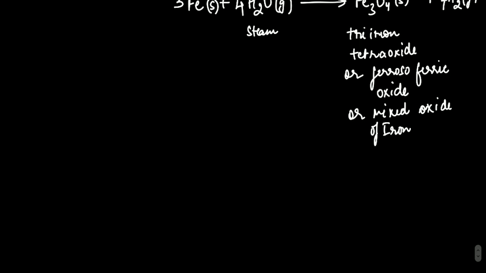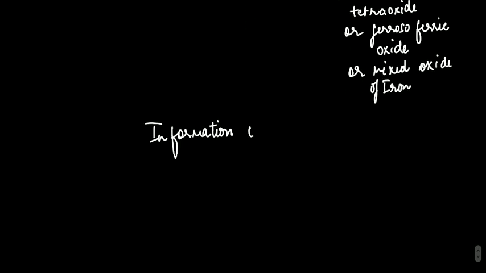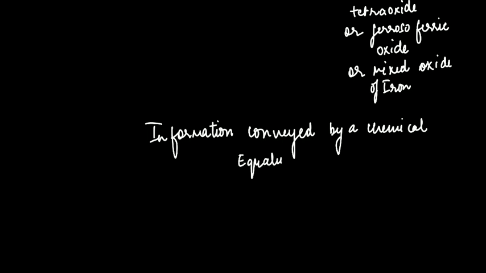Next that we are going to discuss is we are going to summarize the information conveyed by a chemical equation. So we have already discussed many points, but we are going to summarize it.